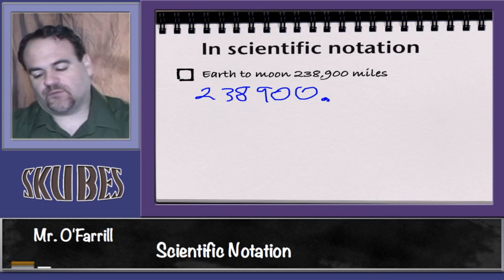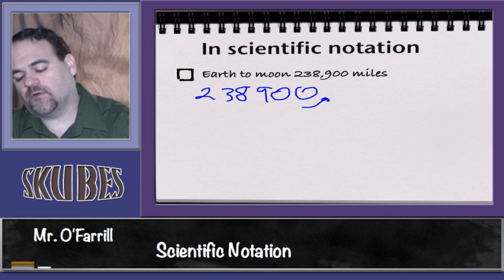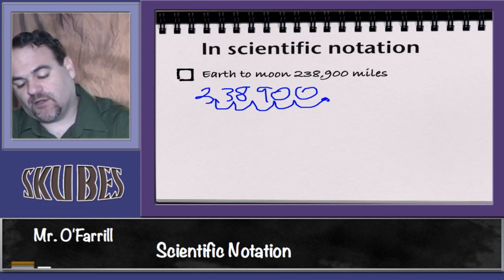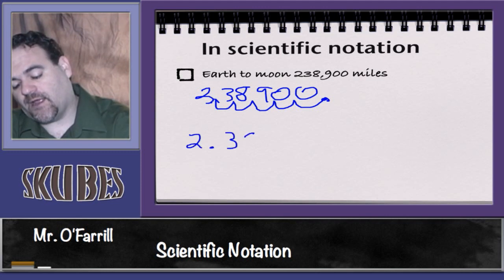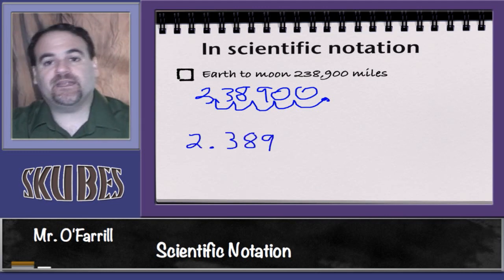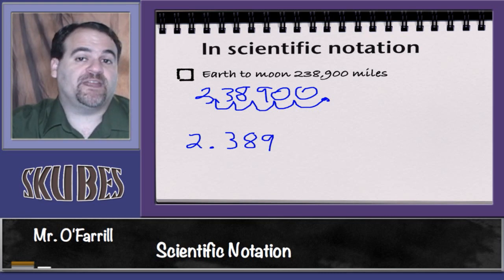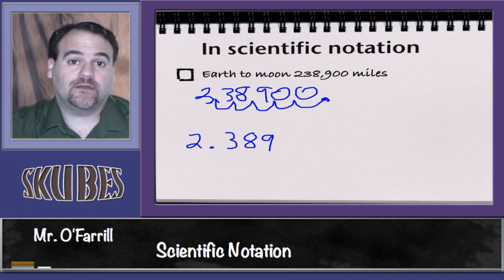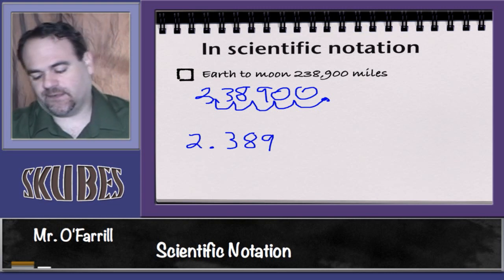So in order to do this, we need to move that decimal 1, 2, 3, 4, 5 places in that direction, because the number 2.389 meets our first criteria of being a number that is greater than or equal to 1 and is less than 10. If we did 23.89, well, that's bigger than 10. That's too big.